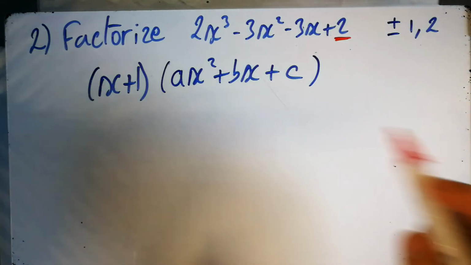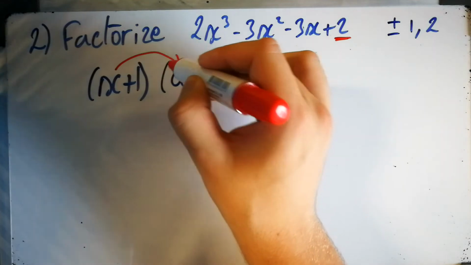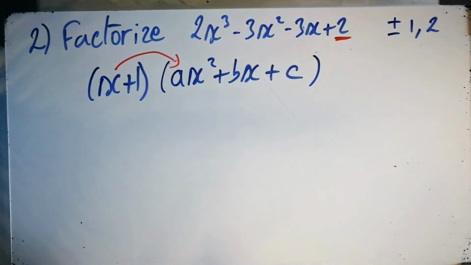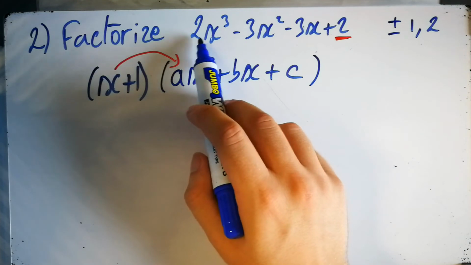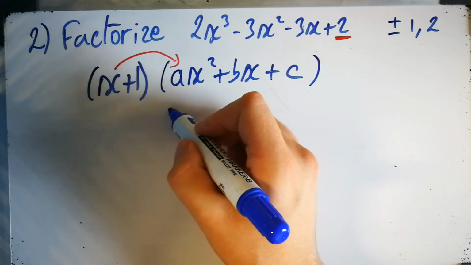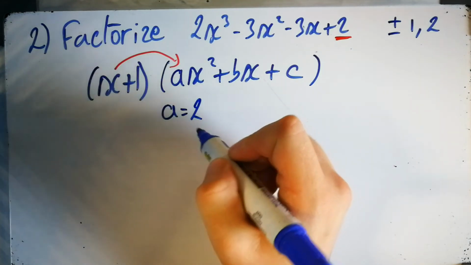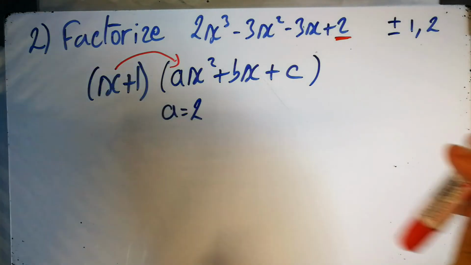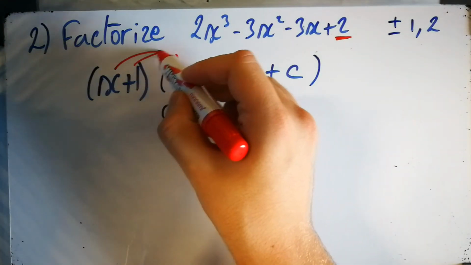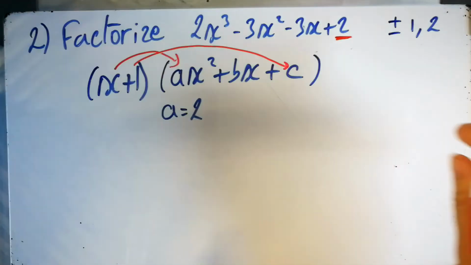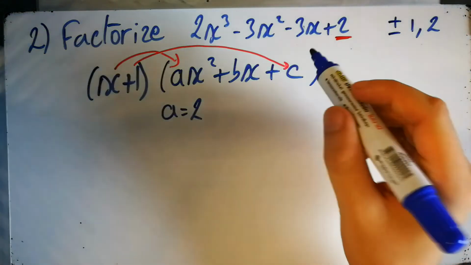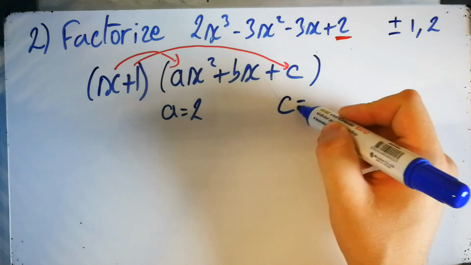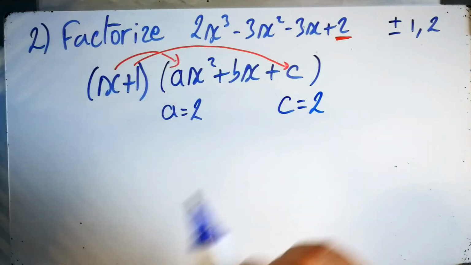To find a is pretty easy, because if you multiply x by ax squared, you're going to get your only term in x cubed. And we know that we have 2x cubed, so a equals 2. Same thing, if we multiply 1 by c, we're going to get the constant term. We know that the constant term is 2, so 1 times c is 2, so c equals 2.